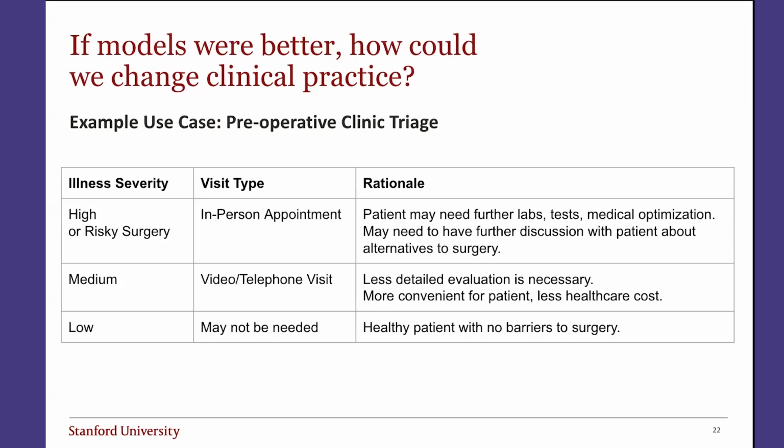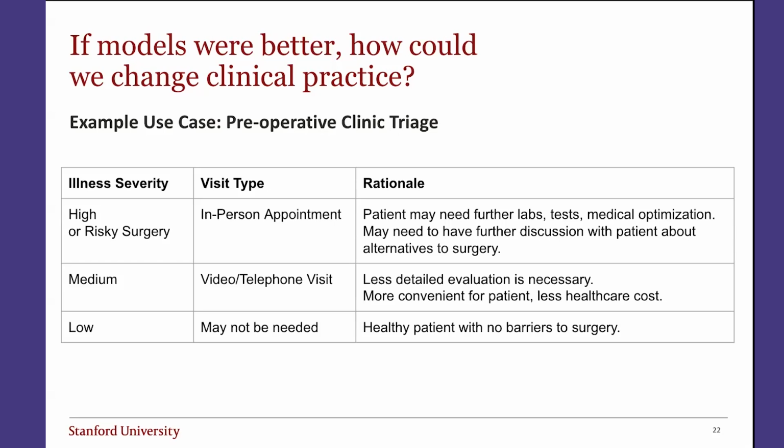We may want to medically optimize that patient to make sure they're in tip-top shape before we take them to surgery. We may even need to have a further discussion with the patient because maybe this patient is unlikely to do well if we took them to the operating room, and we should really talk to the patient about alternatives to surgery. That's appropriate for an in-person encounter.